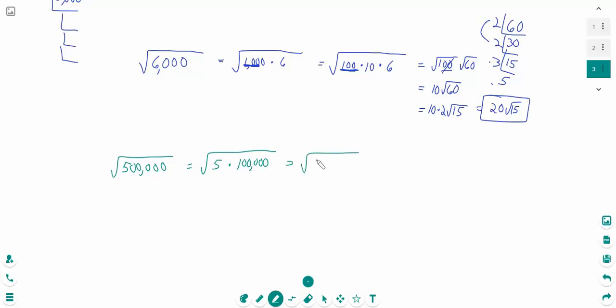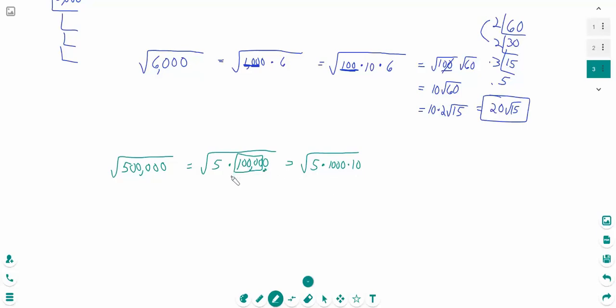So we're going to break it down into a 5 times, now again, I'm going to look at the highest even number of zeros that I can pull out here. And that was going to be 4, right? I just need to lose 1 zero. So we're going to take those 4 zeros, times a 10 to get that 0 back that we lost over here, right?